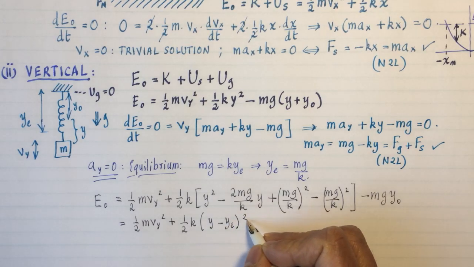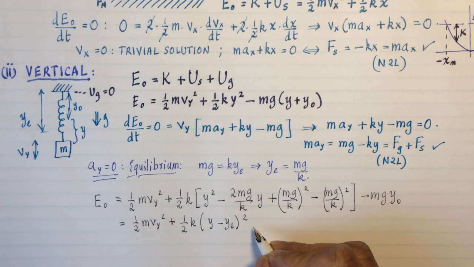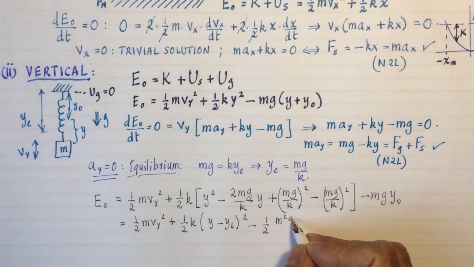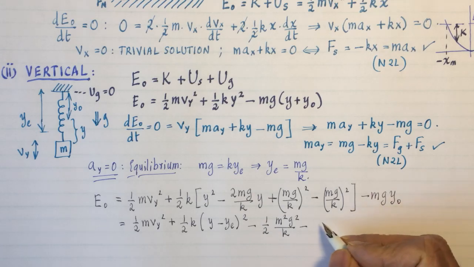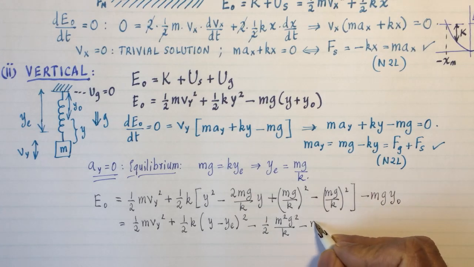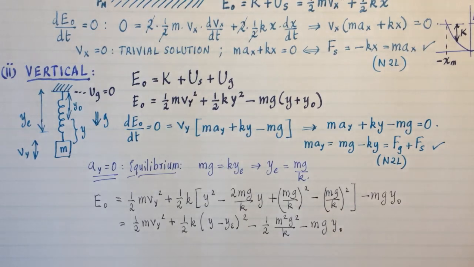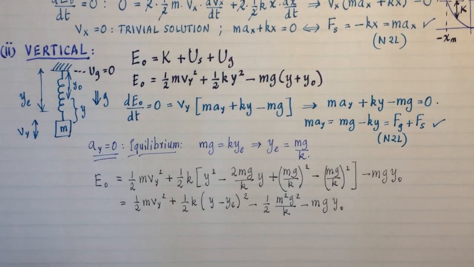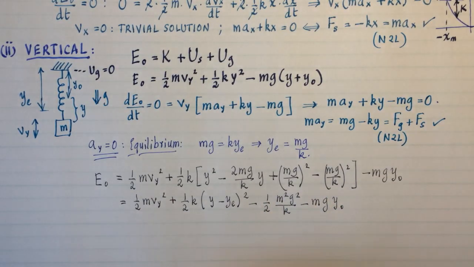So y minus y equilibrium squared, and then I have to deal with 1/2 k multiplied with that, so that gives me negative 1/2 m squared g squared upon k, and then you still have this minus mgy naught term outside. All right, so apart from a constant, that's the energy, you'll notice that this is very similar to the simple harmonic oscillator. So let's actually take the trouble of plotting it.